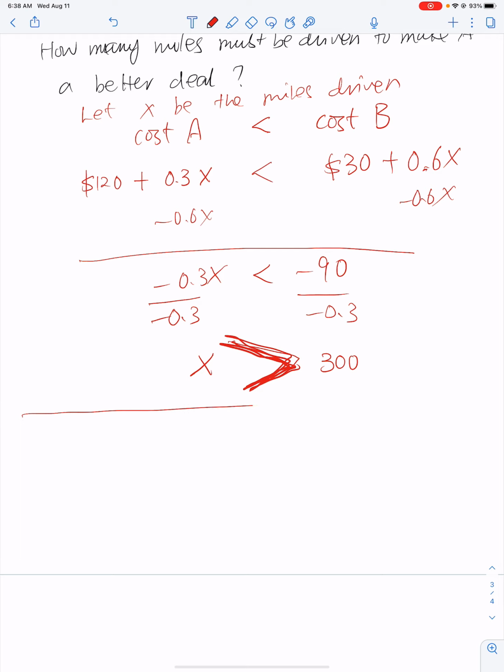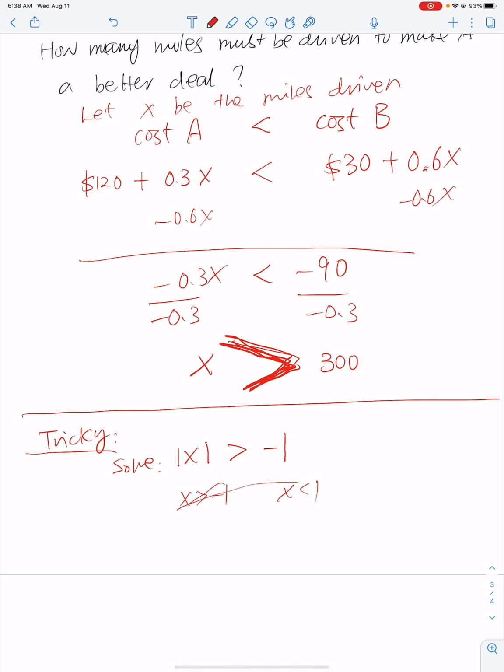And I also wanted to give you a question that is a tricky one. What will be absolute value of x bigger than negative 1? So do we need to say x bigger than -1 and x less than 1?